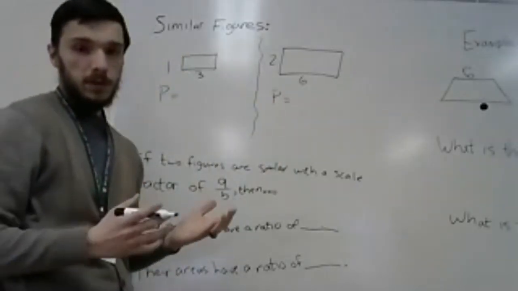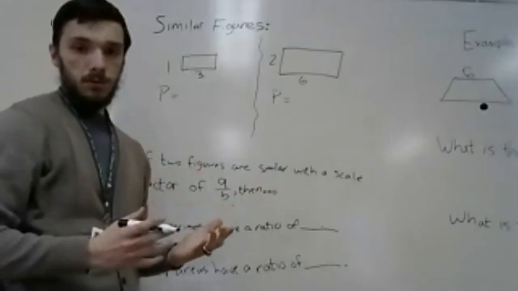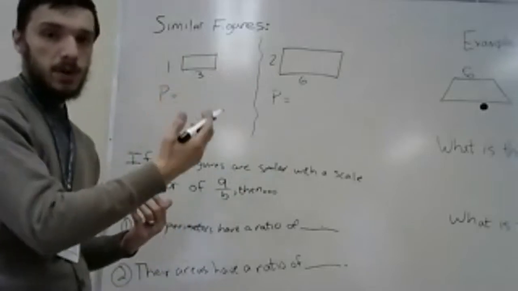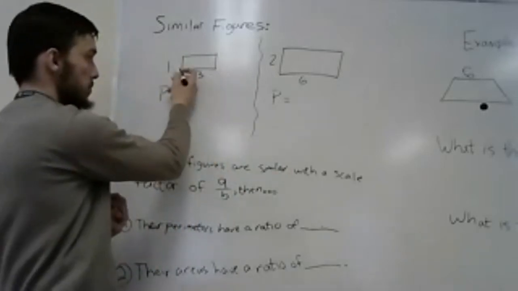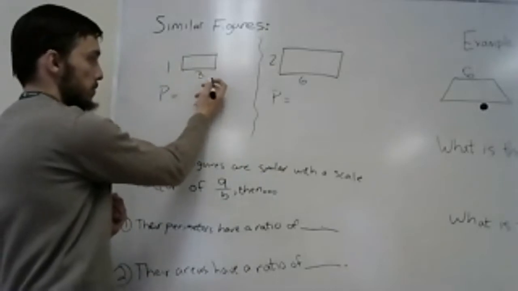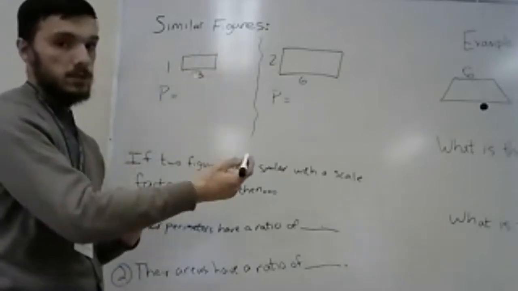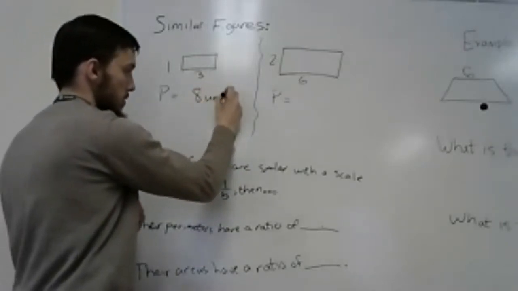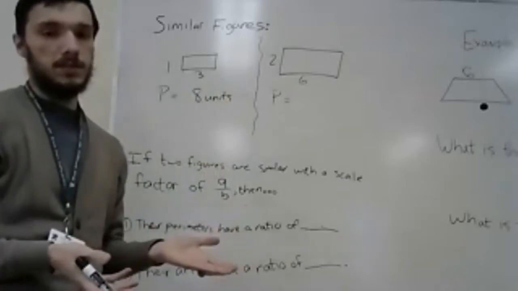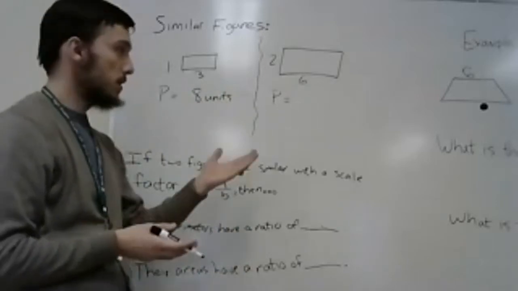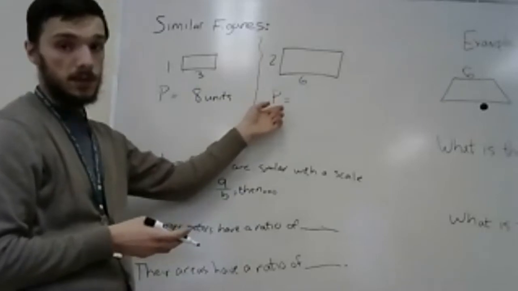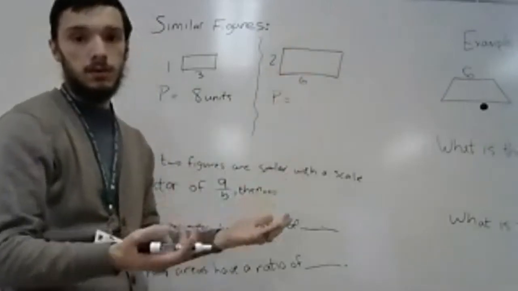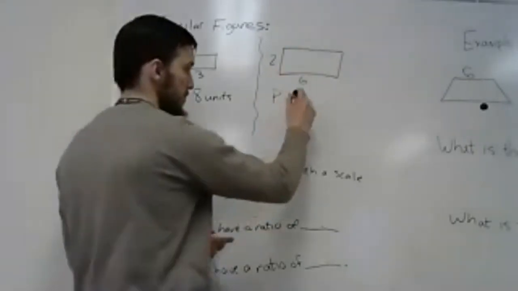So, as you probably recall, the perimeter of a shape is just the distance around that shape. So the distance around our smaller rectangle is 1 plus 3 plus 1 plus 3. So the perimeter is 8 units. Okay? The perimeter of our larger rectangle here is 2 plus 6 plus 2 plus 6, or 16 units.